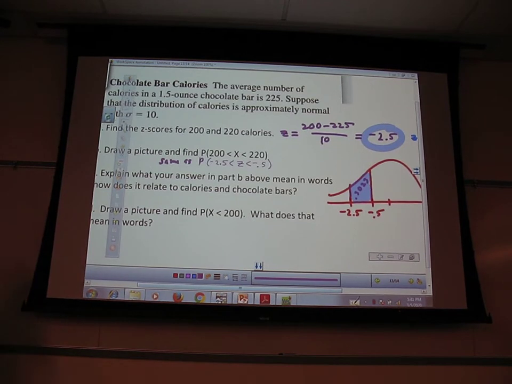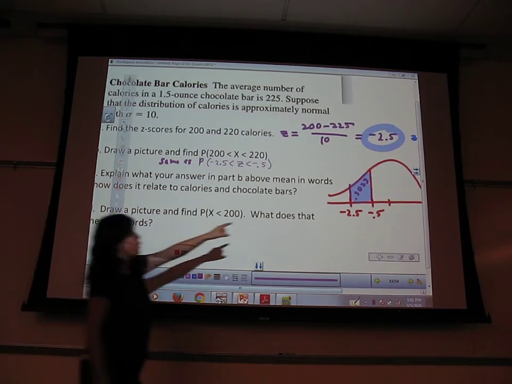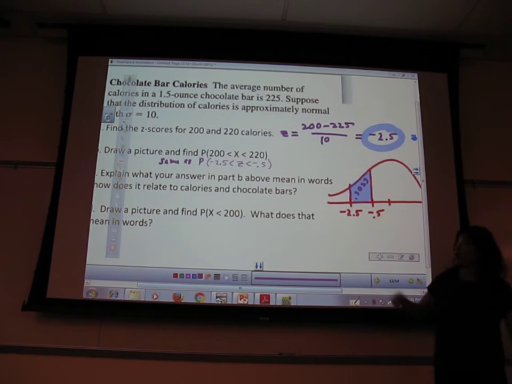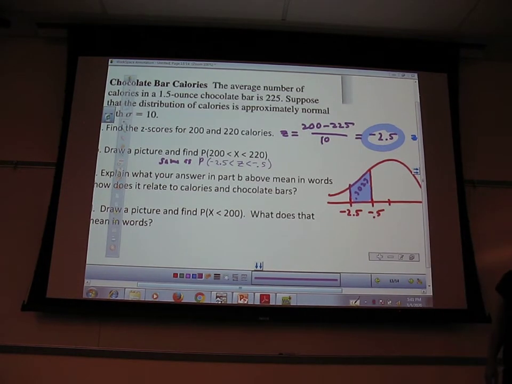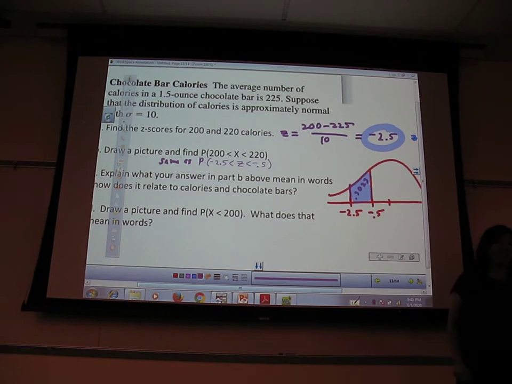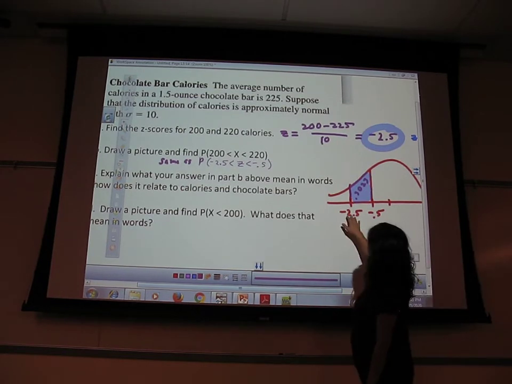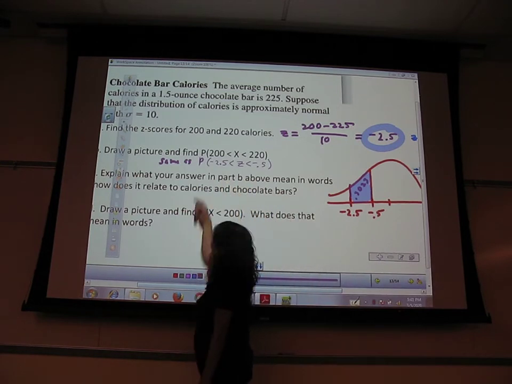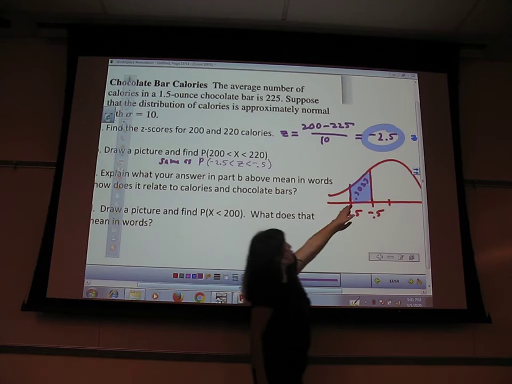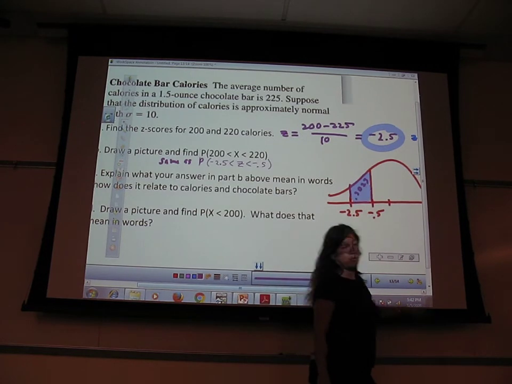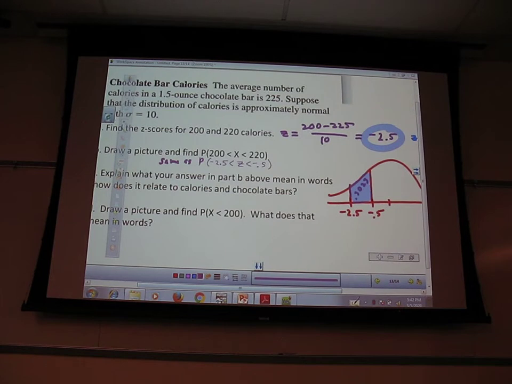Population is all cats, all puppy dogs, all chocolate bars. 30.23% of all chocolate bars will have calories between 200 and 220. Right, together you guys can kind of work this out, right? Does that sort of make sense? So between 200 and 220 calories, 30.23% of the population lies between those two, of all these chocolate bars.